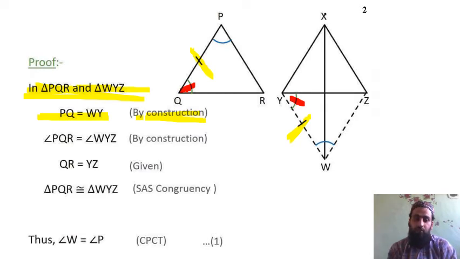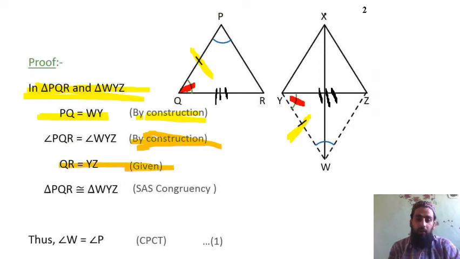This is also by construction. And it is given to us that the side QR and the side YZ are equal to each other. It is given in the theorem that these two sides are equal. So QR equals YZ, and it is given. So if you look at the diagram, what you have proved is side-angle-side.